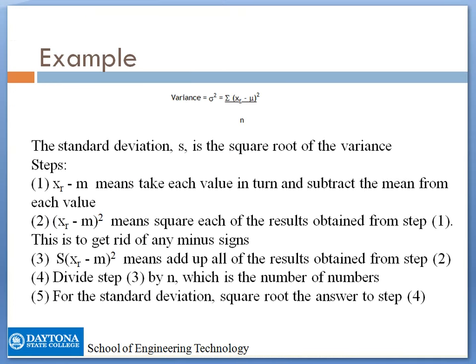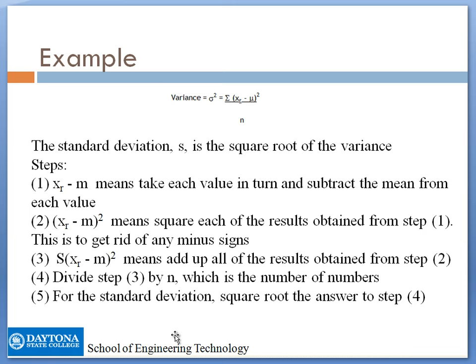If you want to do it by hand, it tells you that you first need to calculate each value minus the mean. Then you have to square that difference. Then you have to add up all these results, the sum of them.